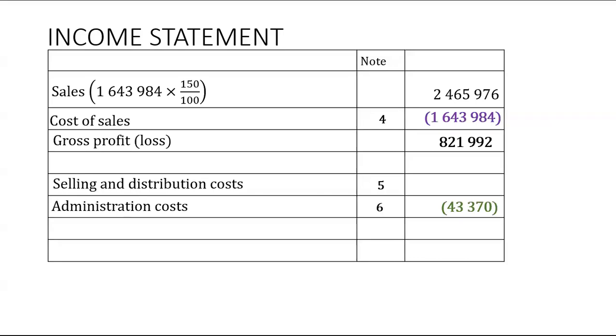It was 117,690. I hope I didn't swap them around. Let me just confirm. For administration, it's 117,000. I swapped them around. Okay. The other one is selling and distribution, and the other one is administration. Let me just correct it quickly.